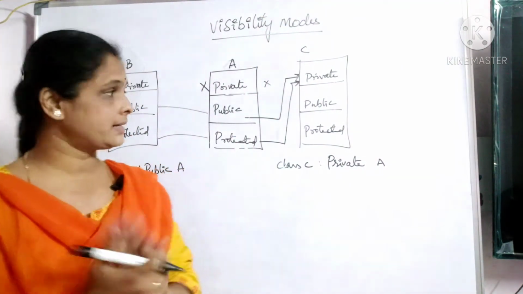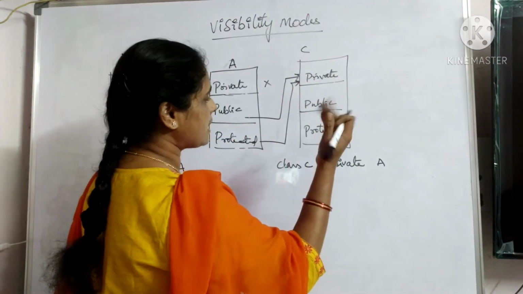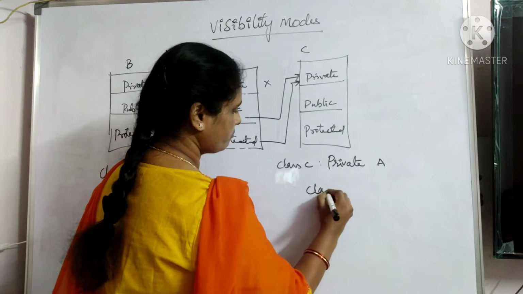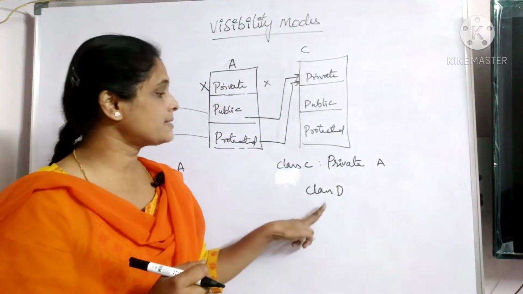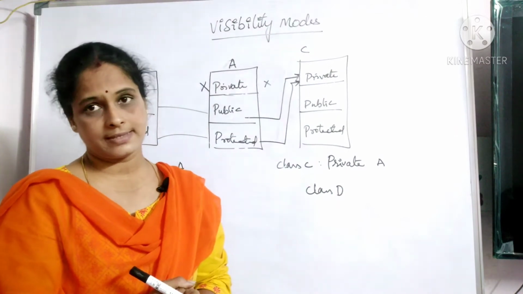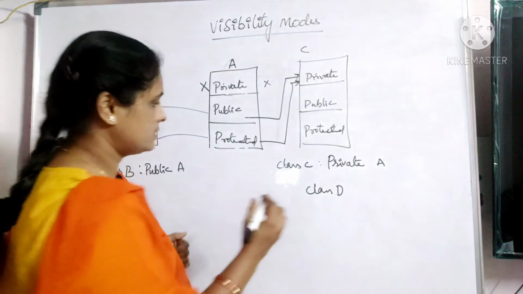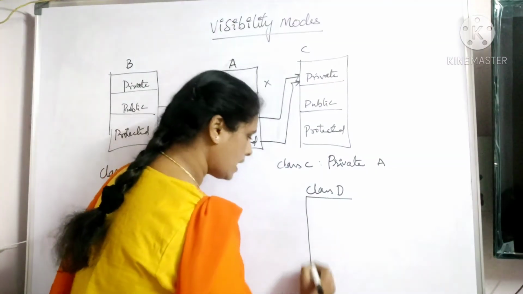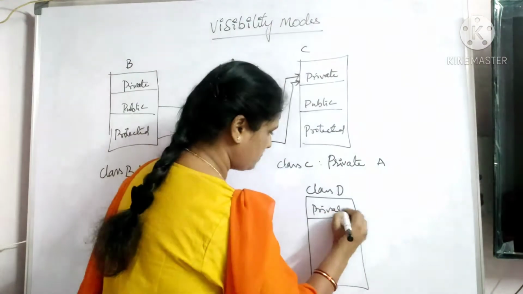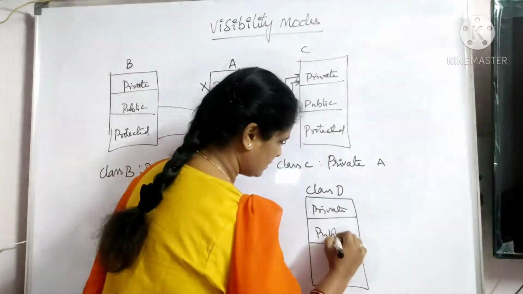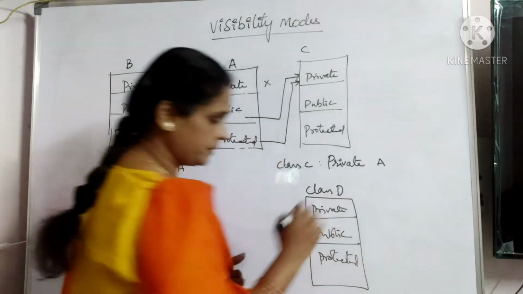Now, further let us discuss. Suppose I have one more class, for example, class D. Let us think that C is the base class and D is the derived class. Again, it has its own data: private, public and protected.